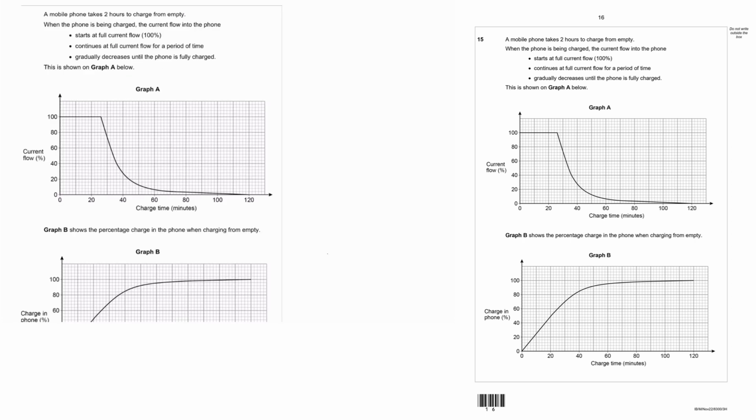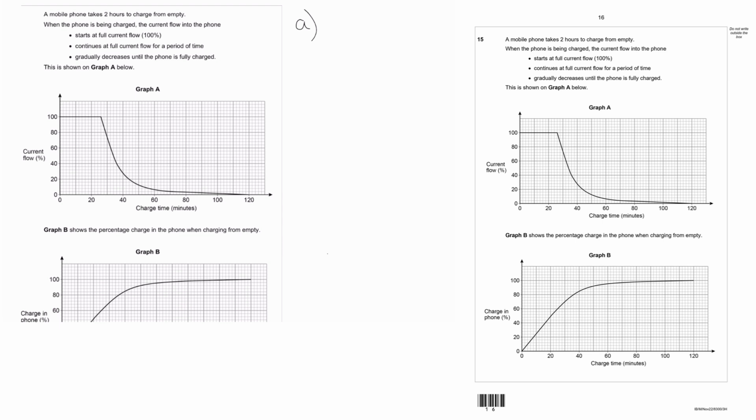So moving on to question 15, we're told that a mobile phone takes 2 hours to charge from empty, and we're told when the phone is being charged, the current flow into the phone starts at 100%, continues for a period of time, and then gradually decreases until the phone is fully charged. And this is represented across graph A and B. So for part A, we're told that Megan's phone is empty of charge, and she starts charging her phone at 10 a.m. And using graph A, we want to estimate the time when the current flow starts to decrease.